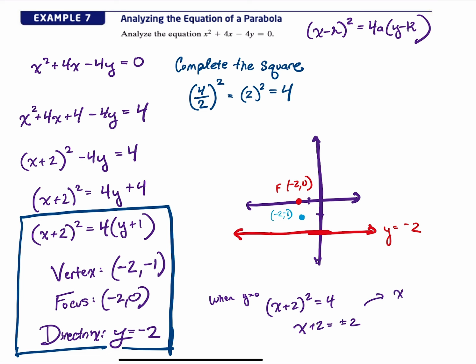So that means x will equal -2 plus or minus 2, meaning it will either equal 0 for -2 plus 2 or -4 for -2 minus 2. So we should have a point 0, 0 and -4, 0. So something like this.